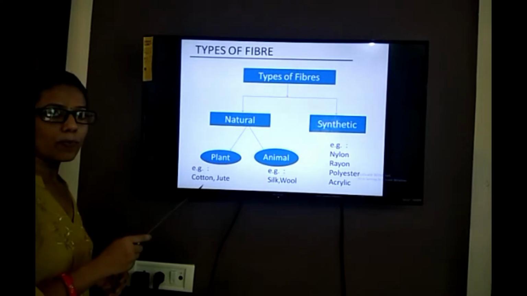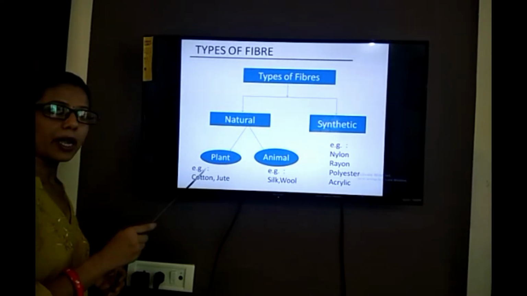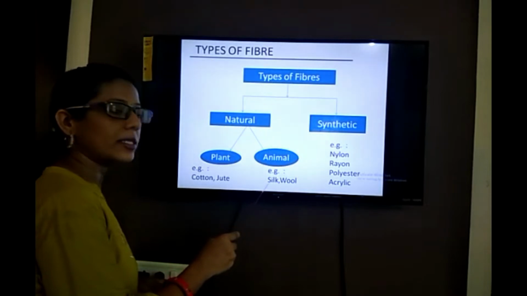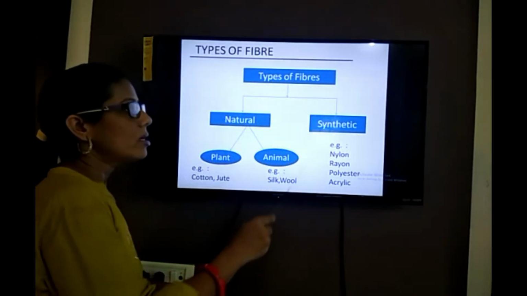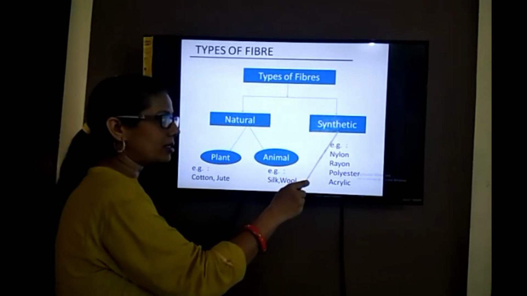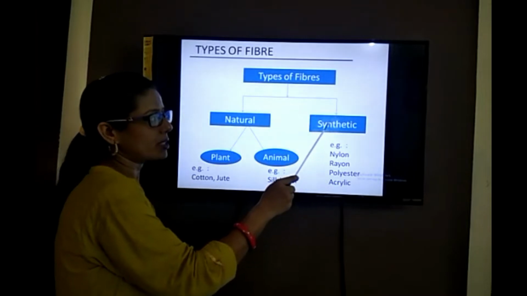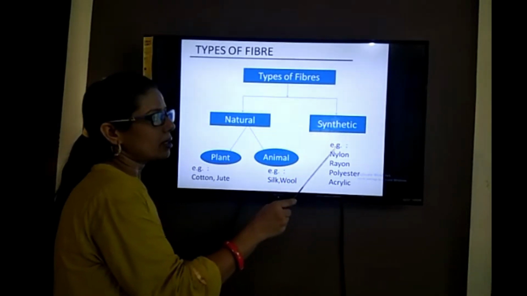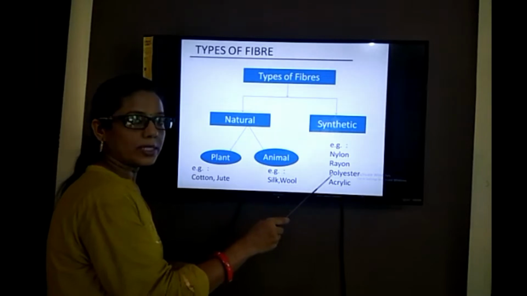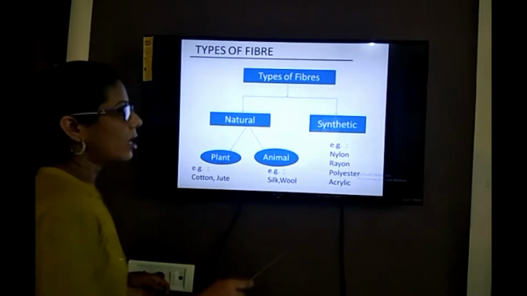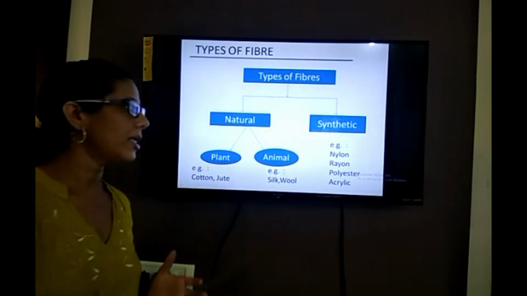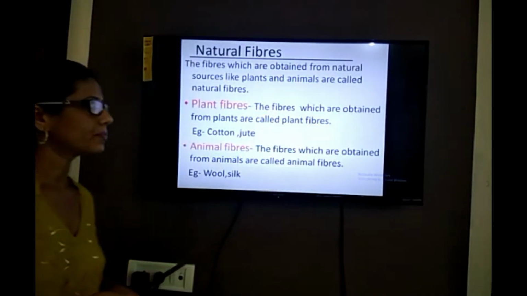Some examples of plant fibers are cotton and jute, and some examples of animal fibers are silk and wool. The next type is synthetic fiber. Examples of synthetic fiber are nylon, rayon, polyester and acrylic. We will discuss natural and synthetic fibers in detail in the next slide.